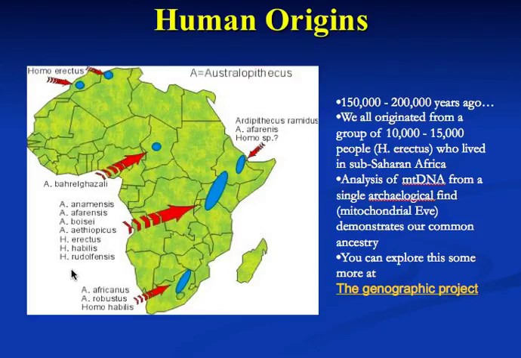That large group of people there, about 10,000 or so people, over the years migrated out of Africa and through the world.